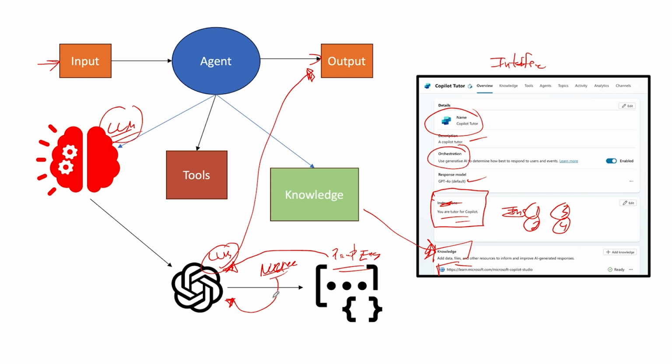All right? So if you're being interviewed and someone says, hey, what's the most important aspect of this whole agent thing? You're going to say, it's the large language model. And if you're working in Copilot Studio, what do we need to spend the most time with in order to perfect our model? That is going to be the instructions, right?